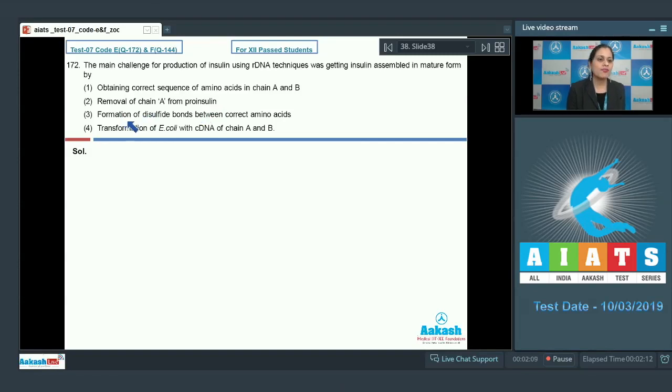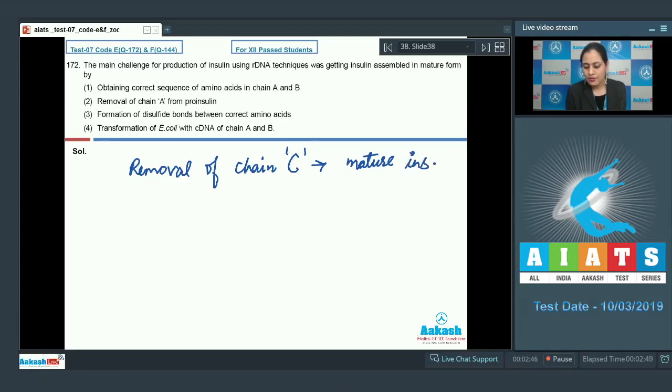Option 3 says formation of disulfide bonds between correct amino acids, and the last option is transformation of E. coli with cDNA of chain A and B. And we know that removal of chain C is required to form mature insulin from proinsulin.